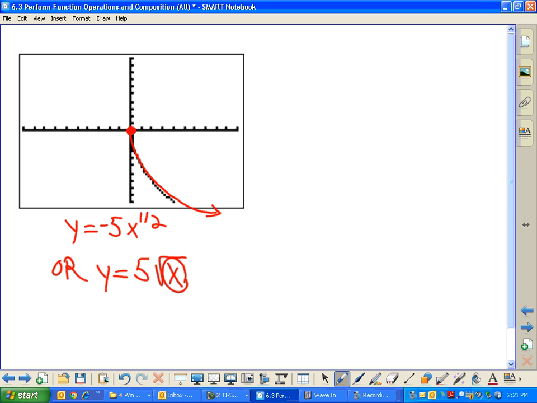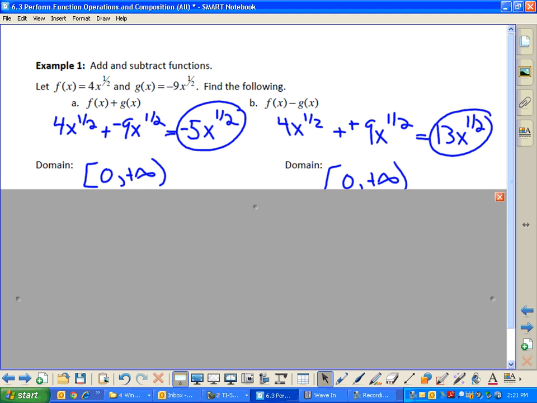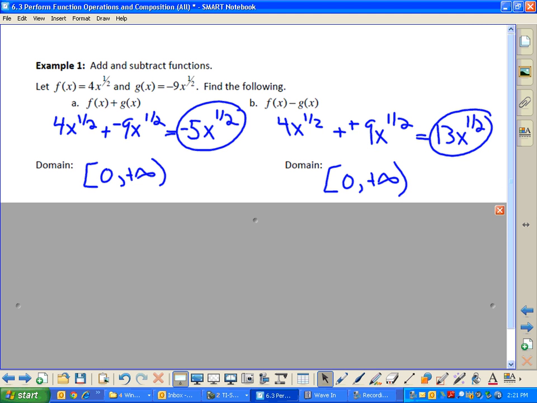So if we think back to how we define domain as the space that the graph takes up on the x-axis, this function starts at 0, which is actually a point on the graph, and then it does head towards positive infinity. So that's the domain there. And honestly, it's the domain for both, because both are square root functions.